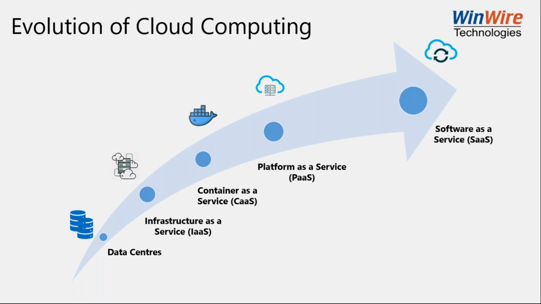And what we are going to talk about in this session is another level of abstraction, which is serverless. Now, serverless is even higher in terms of abstraction than platform as a service, because not only do you not worry about infrastructure, you're not even thinking about the application as a whole.